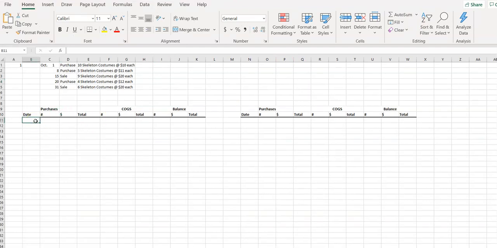All right, so on October the 1st, we started off with 10 skeletons at $10. I'm going to put the total, and I'm going to just copy this on down, so we'll already have it. And remember to draw a line.